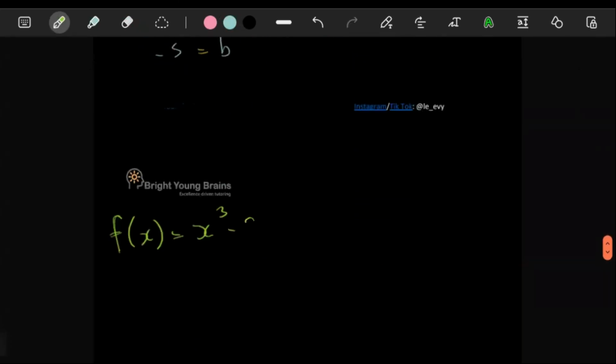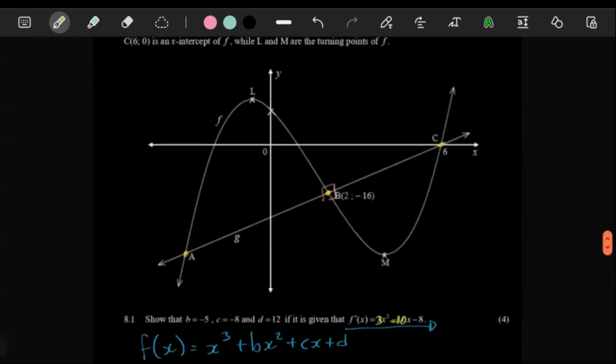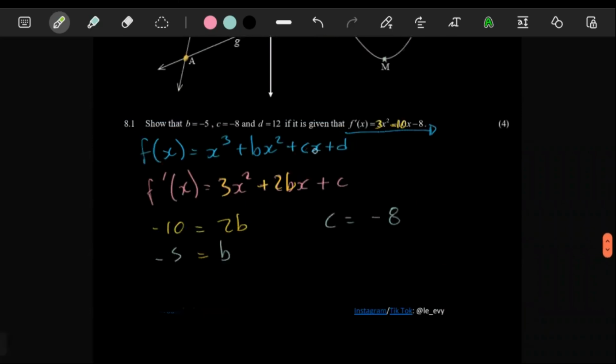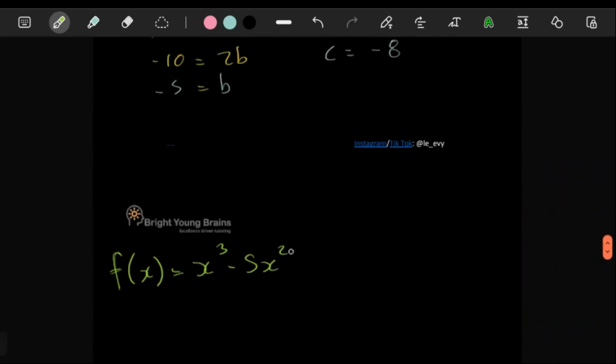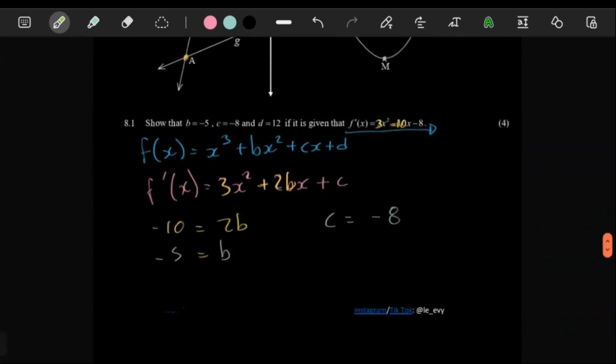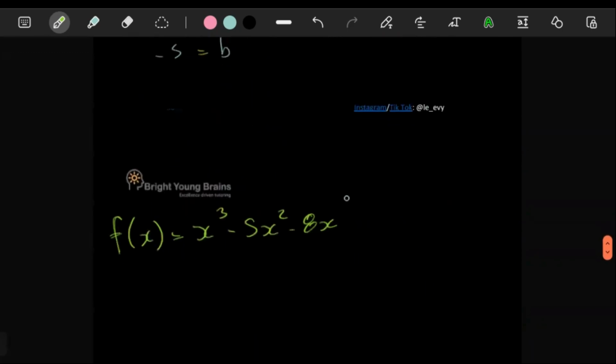And then what's the value of c? We're going to have negative 8x, and then our value of d is going to be just d, since we're trying to work it out. So we're going to put plus d.